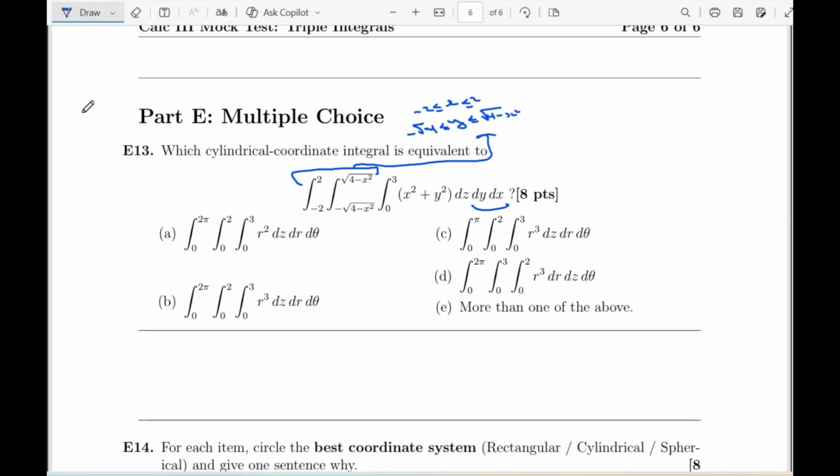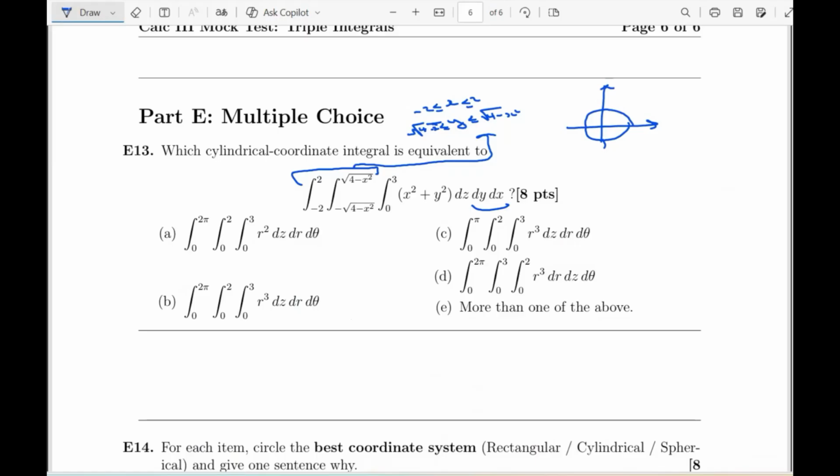And this is just a circle of radius 2. If you don't believe me, just set y equal to that, square both sides, rearrange, and you see that this is a circle.